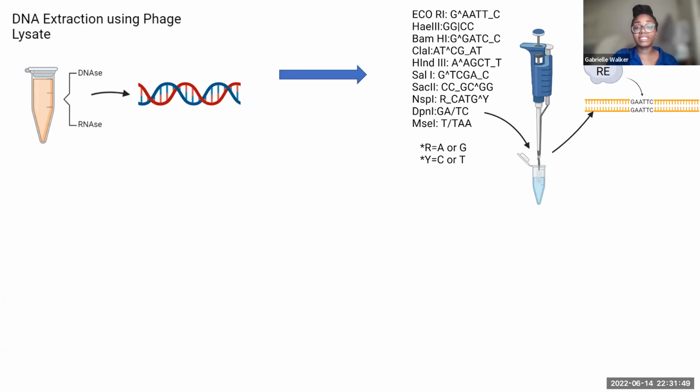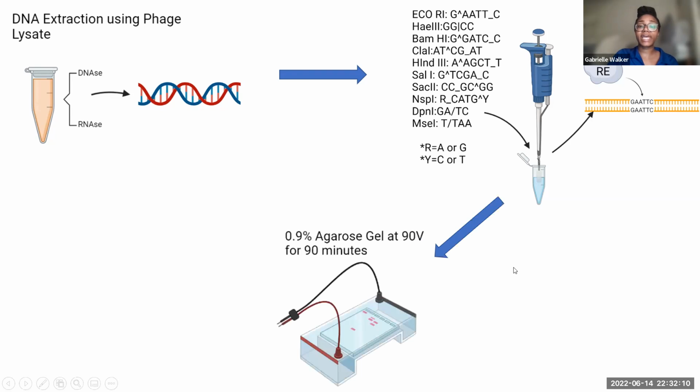The first one was DpnI, which is a methylation-sensitive enzyme that cuts at methylated adenine sites, and the second one was MscI, which is a methylation-insensitive enzyme, which cuts at any methylated site on the genome. After this digestion was complete, we then ran it out on agarose gel, and then we analyzed.